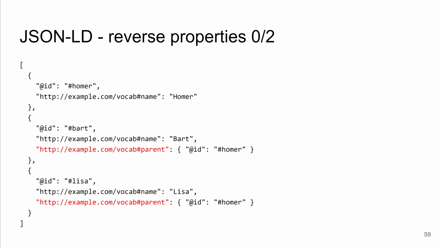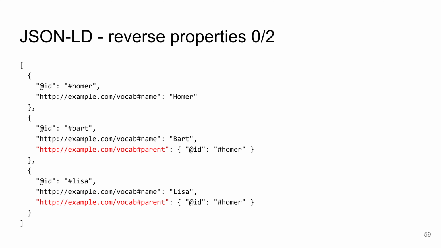Another problem which may arise from representing RDF in a hierarchical JSON format is that some of the predicates, which in RDF always go from the subject to the object, are represented in the JSON file in the other direction using nesting.